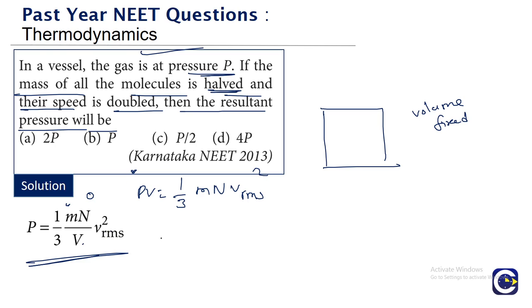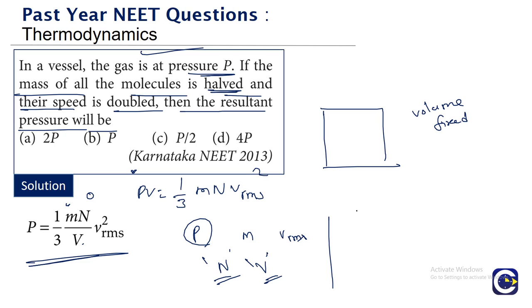So in the initial case, the pressure is P. Let's say the mass of the molecule is m, RMS speed is V RMS, number of molecules is N, and volume is fixed, let us take it as V.